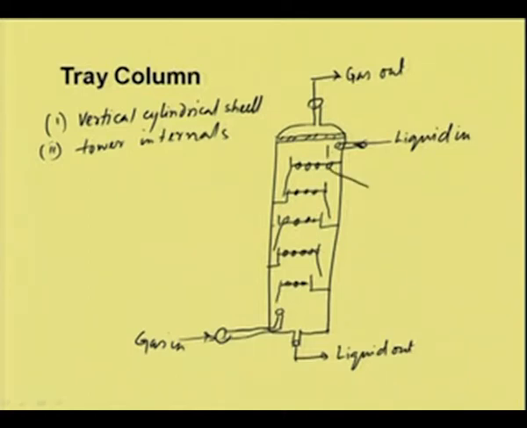This is the sieve tray, with perforated holes, and there is a pool of liquid and the gas is going out from each tray and liquid coming down through the downcomer.